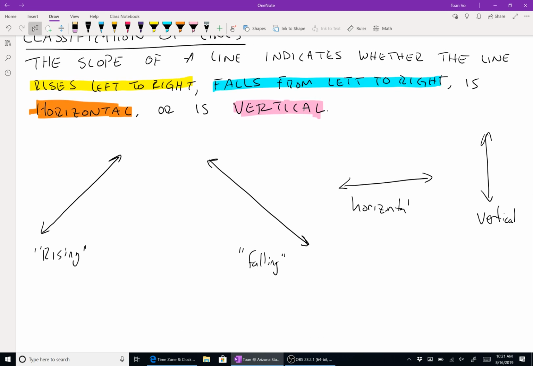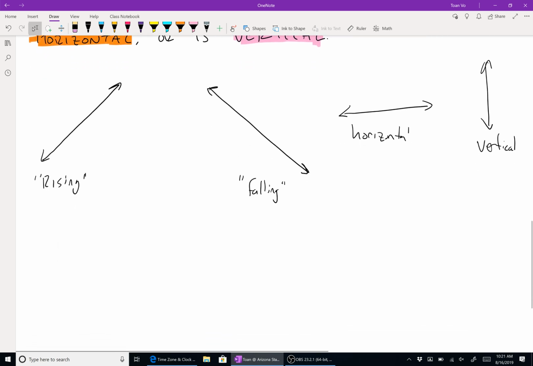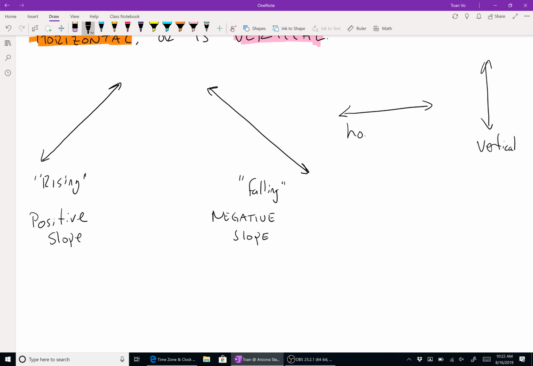But again, how does calculating slope help me determine which is which? If you have a rising line, those slopes are always positive. If you have a falling line, those slopes are always negative. If you have a horizontal line, those are always zero slopes.